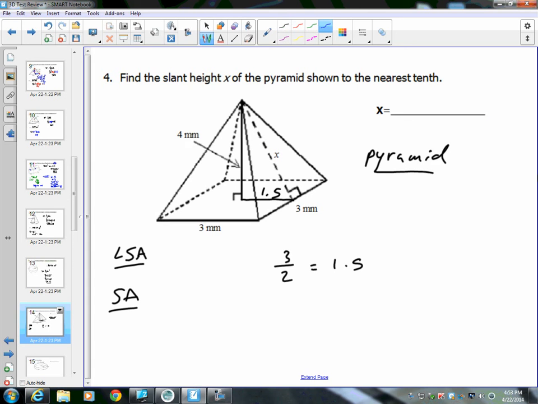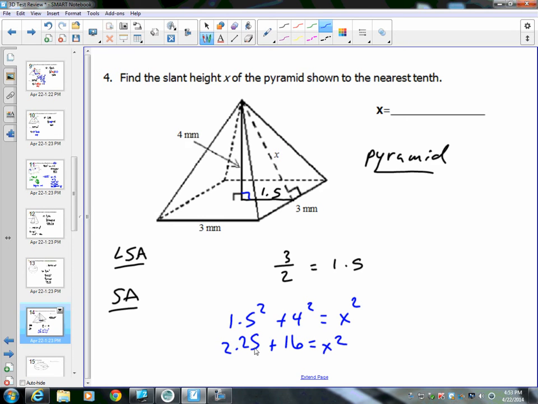And if we have a right triangle, you can use 2 of the sides to find the third by the Pythagorean theorem. So we can say 1.5 squared plus 4 squared is equal to x squared, with x being our slant height. So 1.5 squared gives us 2.25. 4 squared gives us 16.